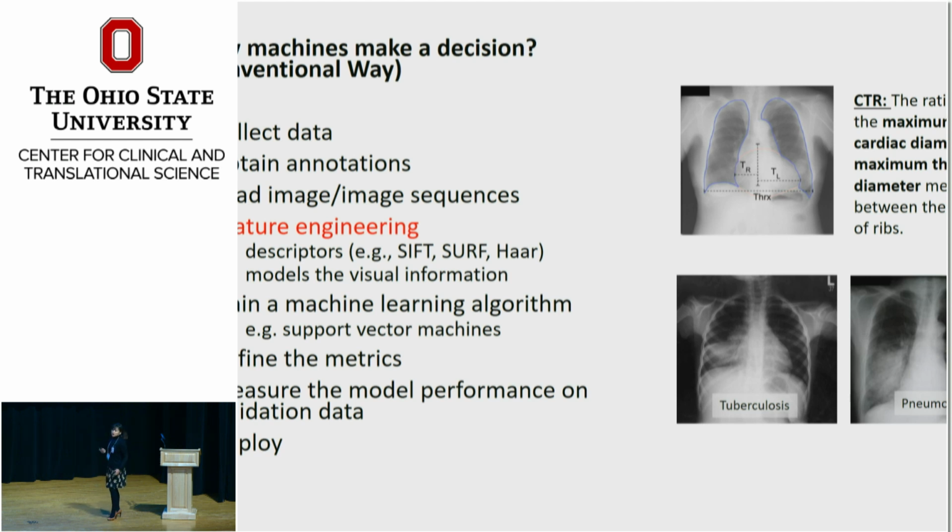For example, if you are developing a system to classify X-rays with cardiomegaly, which is basically heart enlargement, the main difference between a normal and an abnormal heart is the volumetric difference. So you are going to need a descriptor which gives you shape information.